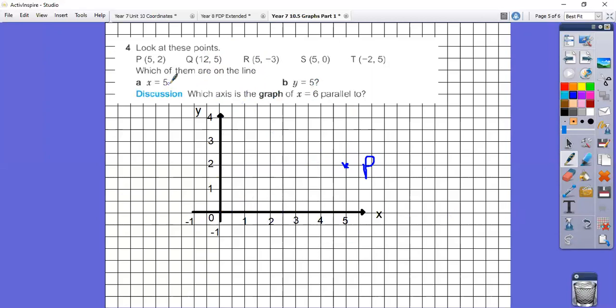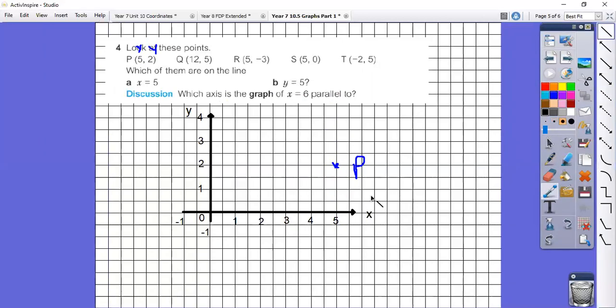But if I look at which of them are on the line x equals 5, I just need to see if the x coordinate is showing 5. That tells me that P, for example, will be on the line x equals 5, which is here. x equals 5 is this line. I'll draw that in for you quickly.